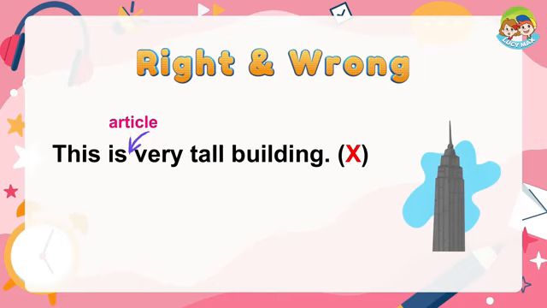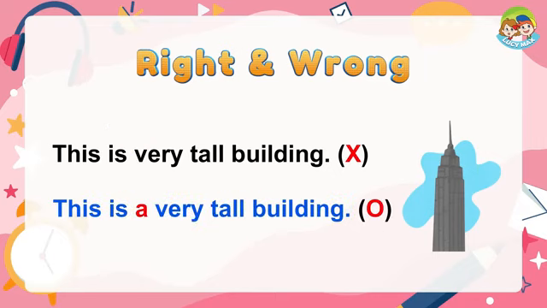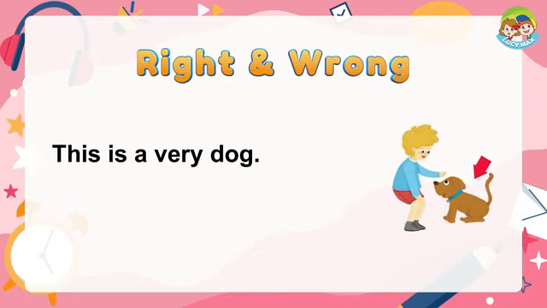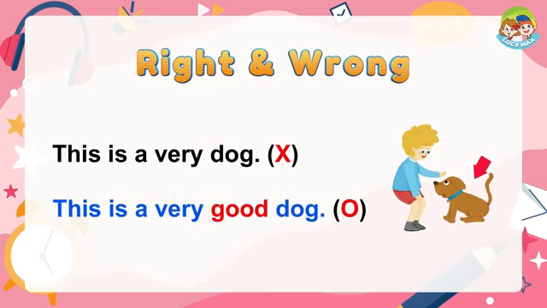It becomes, this is a very tall building. Next, this is a very dog. This is wrong because we need an adjective to go with very. This is a very good dog.